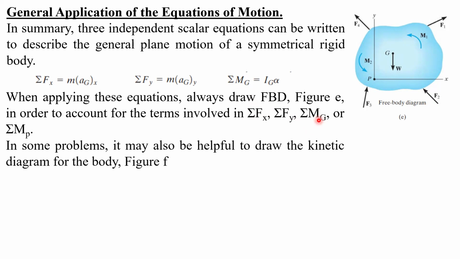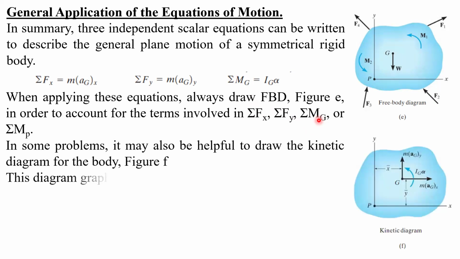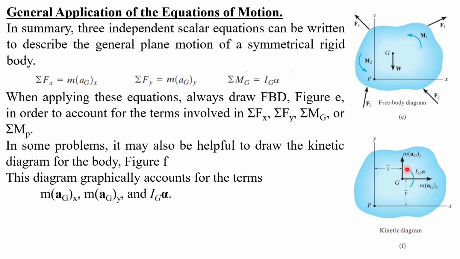In some problems, it may also be useful to draw the kinetic diagram for the body as shown in Figure F. This diagram graphically accounts for the terms: this is m(aG)x, this is m(aG)y, then this is IG alpha.